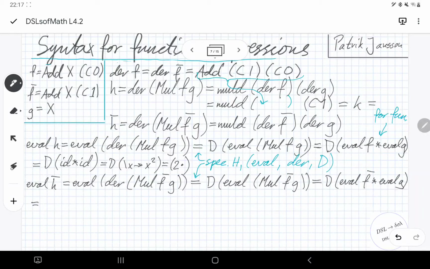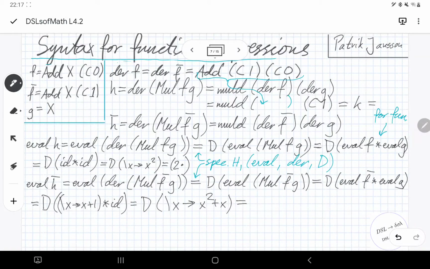Again, something very similar comes out, but now the eval of f bar is not the identity function, it's the identity function plus 1. So we still have the d outside, and then we have the function x to x plus 1 times id. If we want to simplify that a bit, that's the derivative of the function lambda x to x squared plus x.